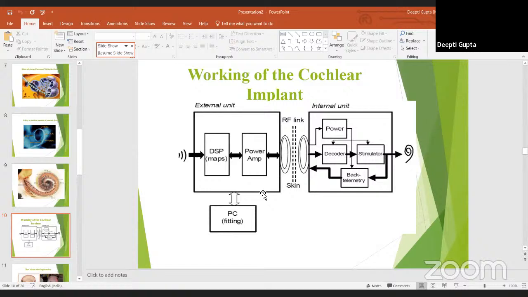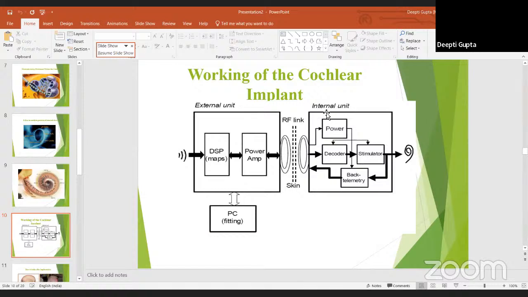Initially, suppose the person is not able to listen, and slowly the person is able to listen. In that way, many programs, many mappings are required that come under this PC fitting setting. That is required. So that's why it also comes under the external unit, or we can say the sound processor of the cochlear implant.